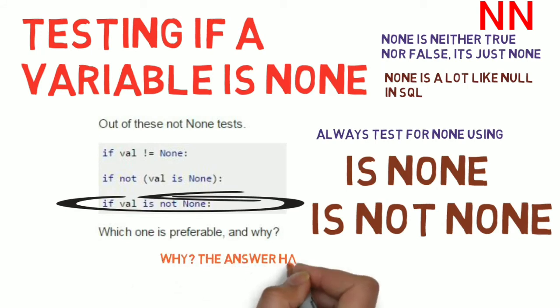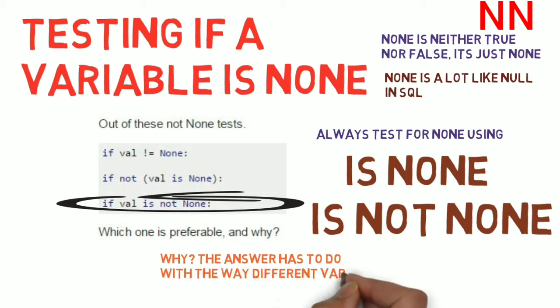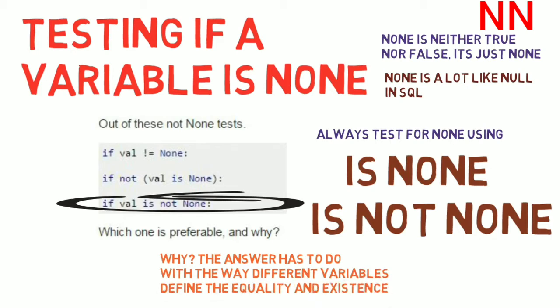So different types of variables have different ways in which you define the equality and existence of that variable. So for none, equality is basically tested using is none or is not none.